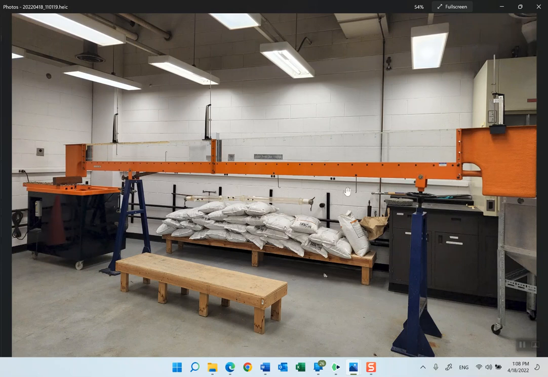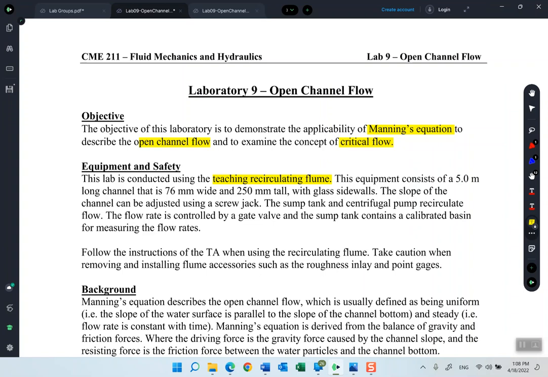The section of this channel is rectangular, and the dimensions of this section are listed here. So this is the cross-sectional shape of the channel. It has a 76 millimeter width and 250 millimeters height.